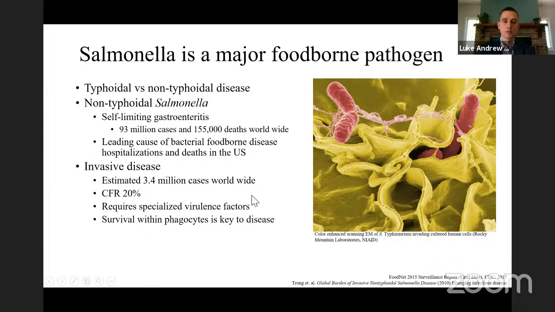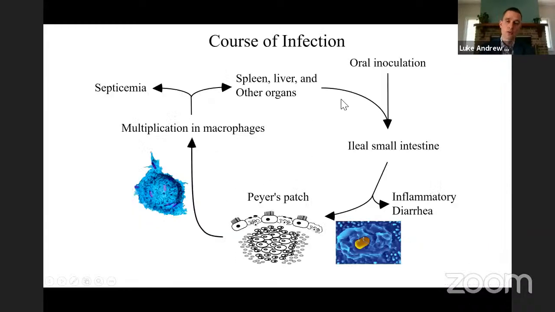And we know from a lot of previous work in Salmonella that specialized virulence factors are required to cause systemic disease. And one of those key aspects is the ability of Salmonella to survive within phagocytes, a specific type of immune cell. Here on the right, I'm showing a scanning EM of Salmonella infecting some human cells in tissue culture. So to walk through the course of infection, Salmonella is typically acquired via consumption of contaminated food or water.